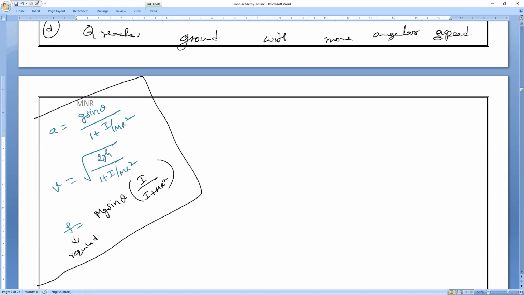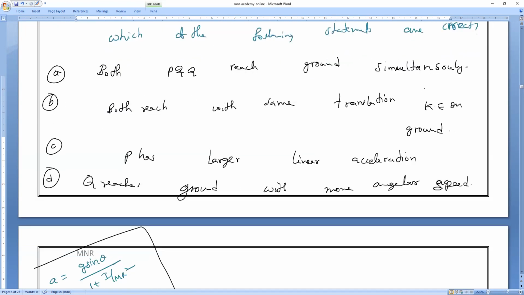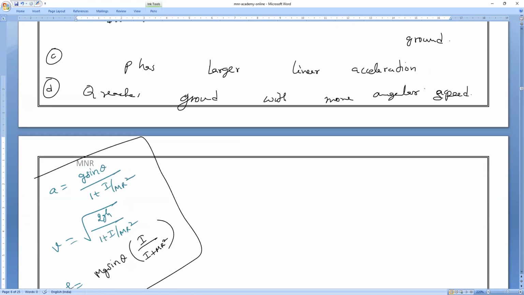Now you can see the first statement. What they're saying is P and Q both will reach simultaneously. So now, let me write the moment of inertia for cylinder 1: m1r1 square plus m2r2 square plus m3r3 square and so on.